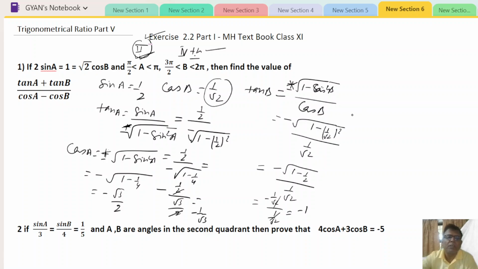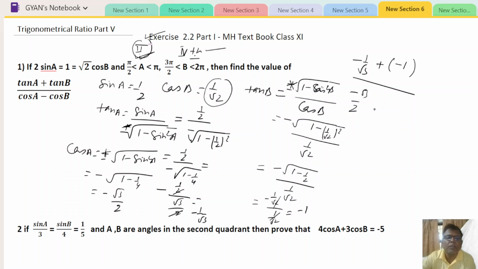Now put in the values. Tan A is equal to what we have calculated, minus 1 by root 3. So tan A plus tan B, where tan B is minus 1, divided by cos A plus cos B. Cos A we have calculated as minus root 3 by 2.